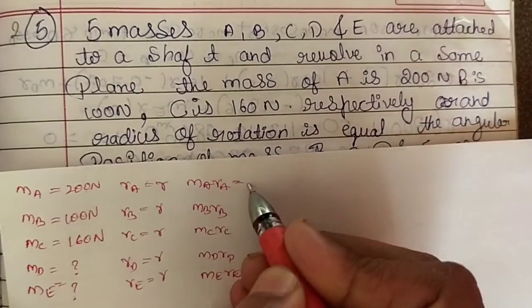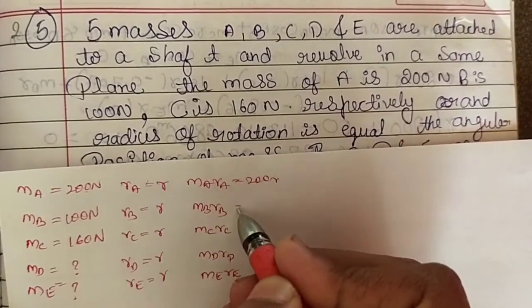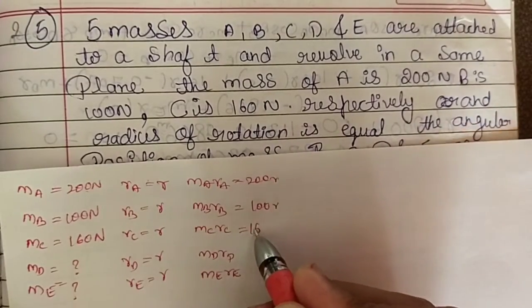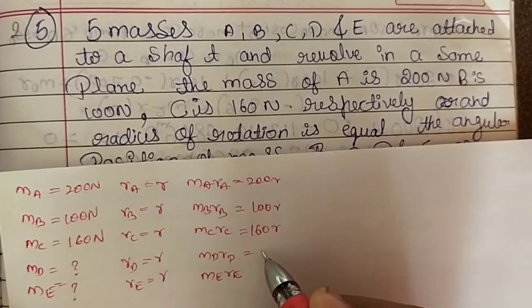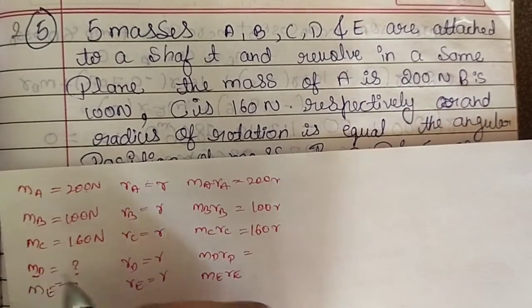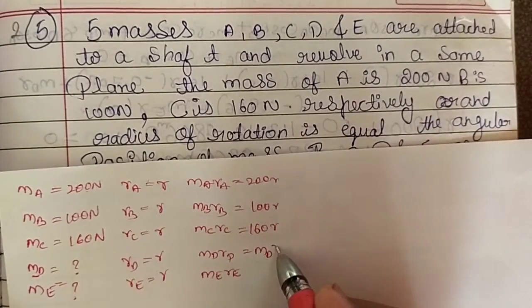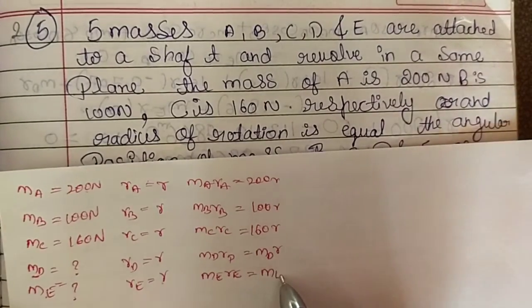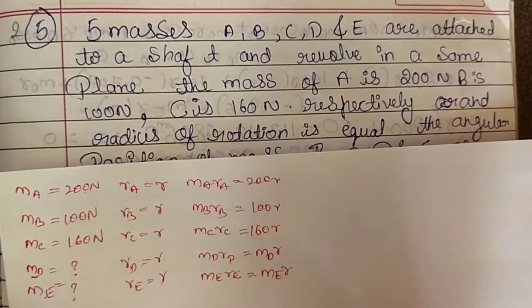So 200 into R, 200 R. MD and ME we don't know, so we keep them as they are: MD into R and ME into R.